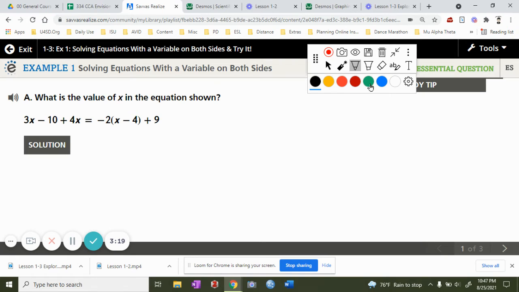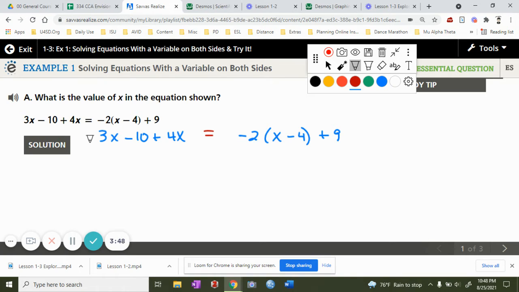The first thing I'm going to do is simplify each side of my equation. So we have 3x minus 10 plus 4x on one side of my equation, and negative 2 times the quantity x minus 4, and then plus 9 on the other.